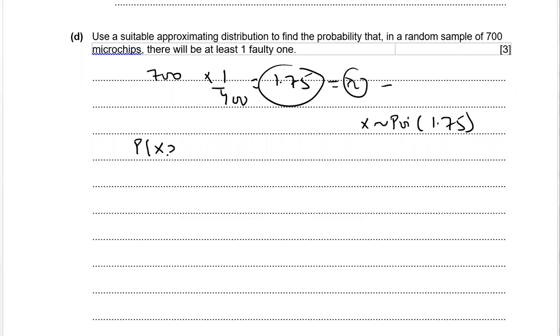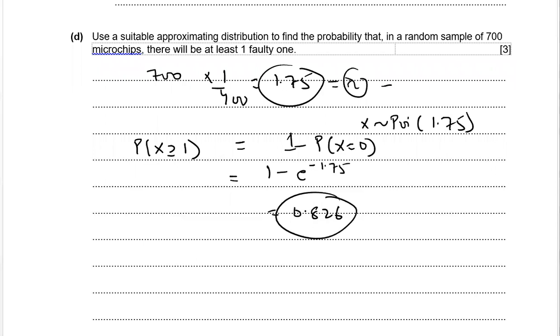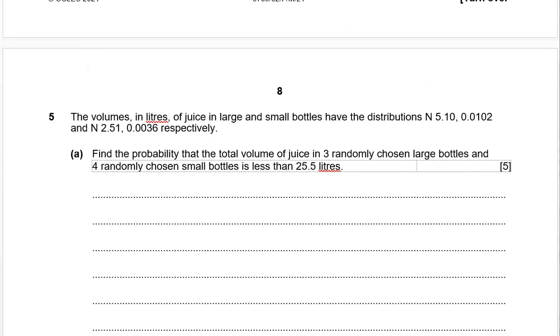P of x is greater than equals to 1 because it says what? There will be at least one faulty. It means 1 minus P of x equals to 0. Okay, so 1 minus e power minus 1.75, and we are getting a value of 0.825.